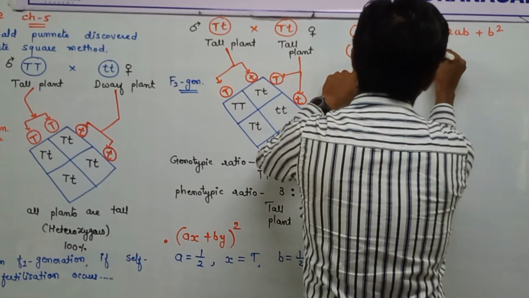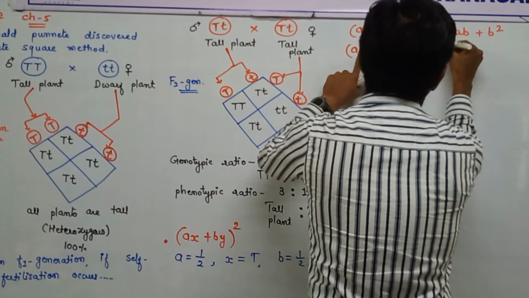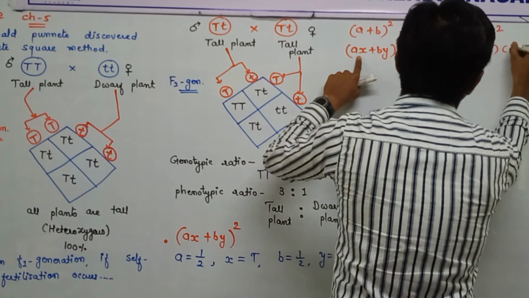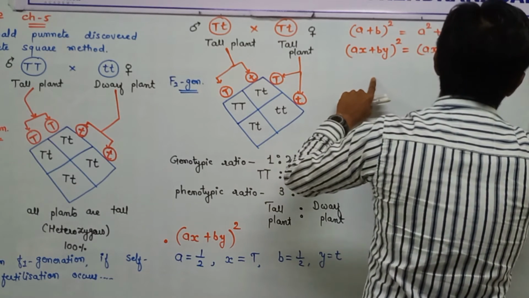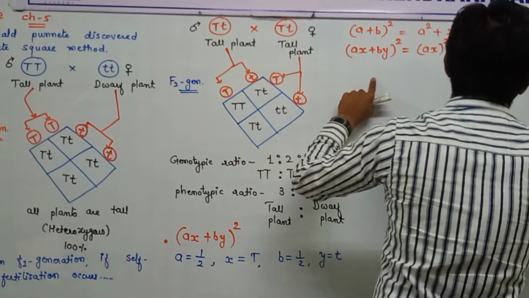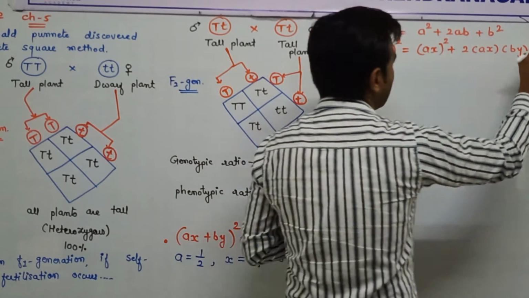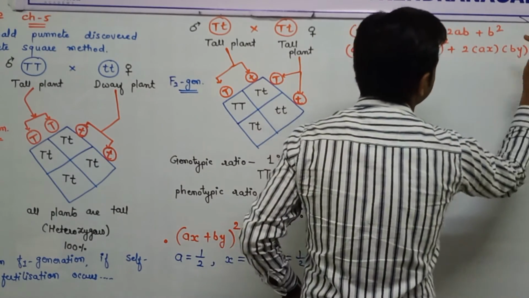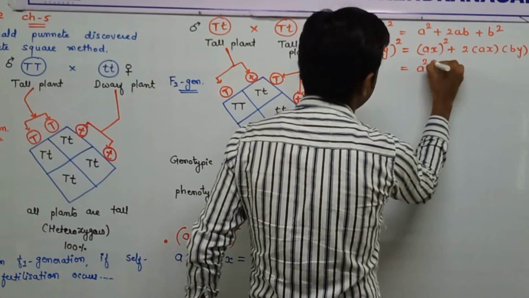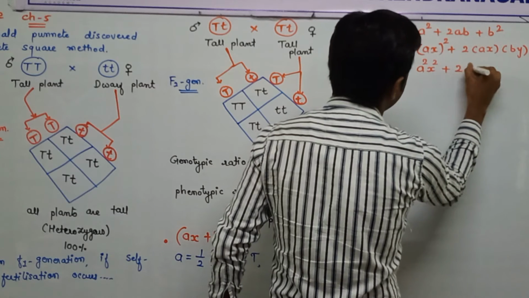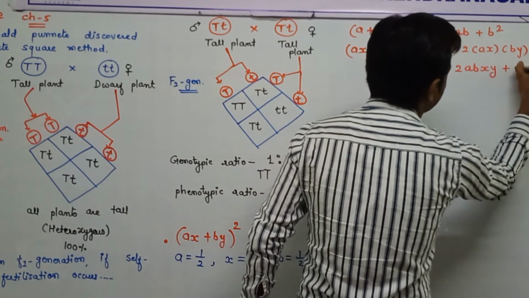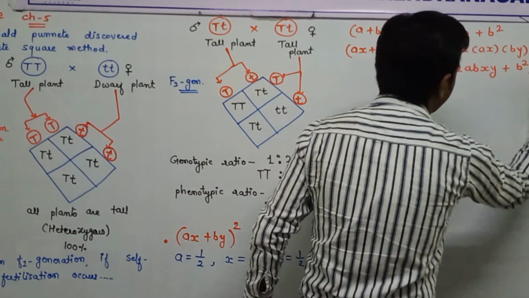(AX) whole square plus 2 AX BY plus (BY) whole square. Now you can expand it: A square X square plus 2AB XY plus B square Y square.